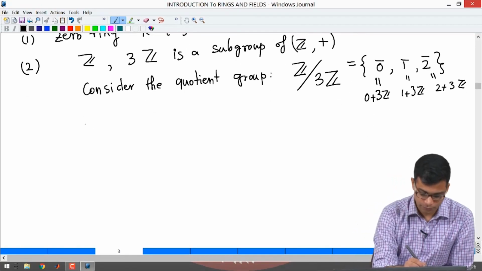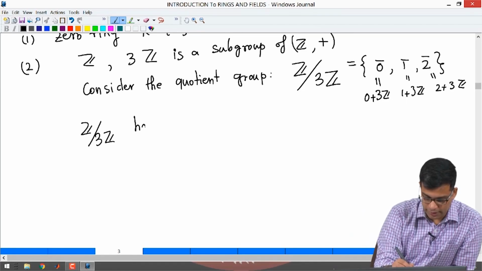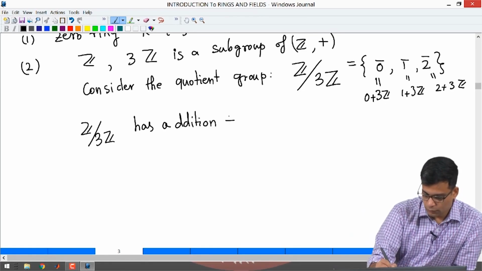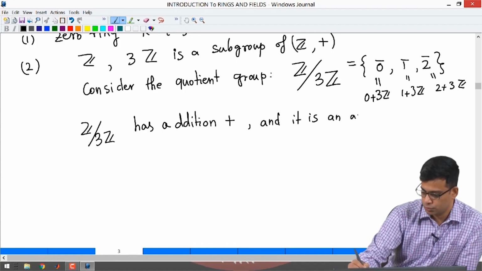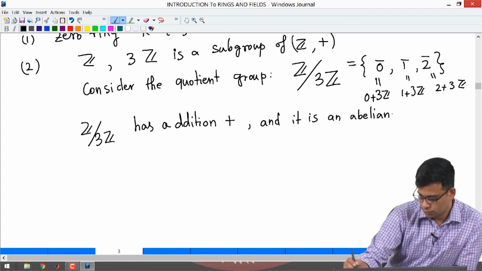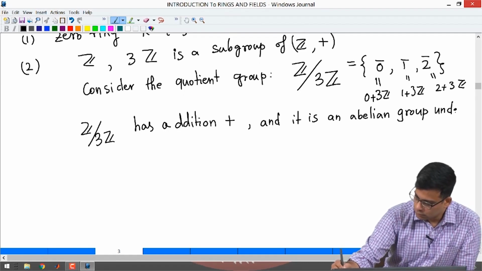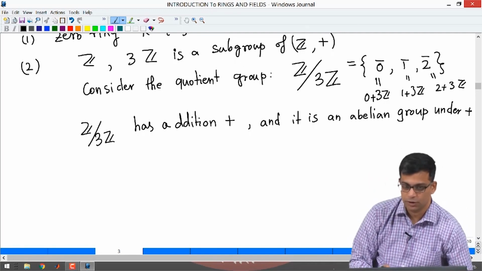So let me record that here: Z mod 3Z has addition, let us denote that by plus, and it is a group under that. In fact, it is an abelian group, because any group of order 3 is abelian.